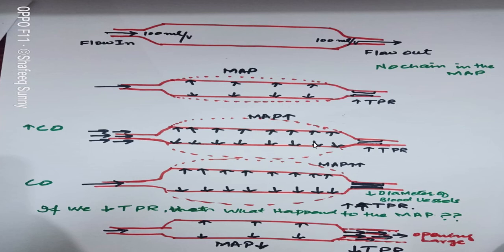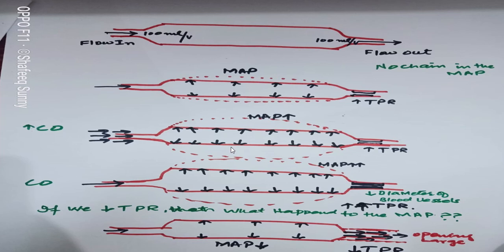Mean arterial pressure will be increased because more blood is coming, because the cardiac output is more. The total peripheral resistance is the same, but the pressure will increase due to the increased incoming flow of blood into the main vessel, that is, the cardiac output has increased.